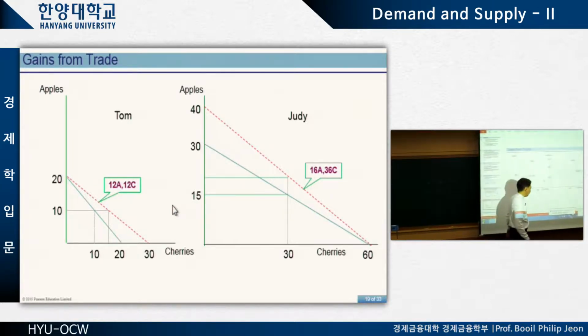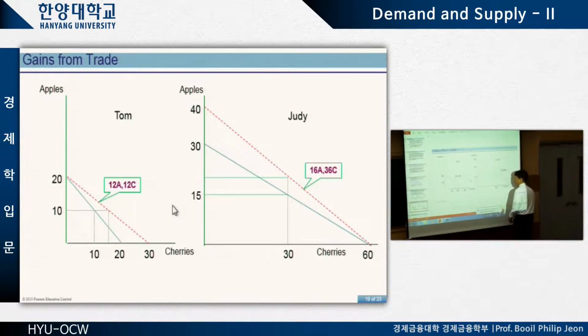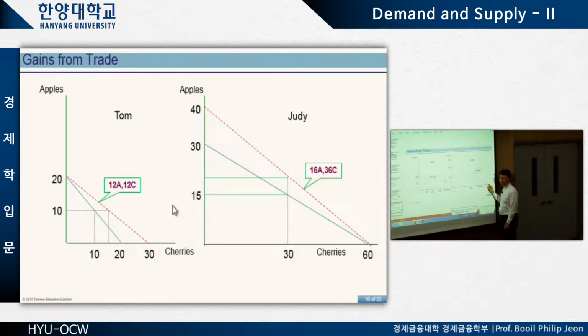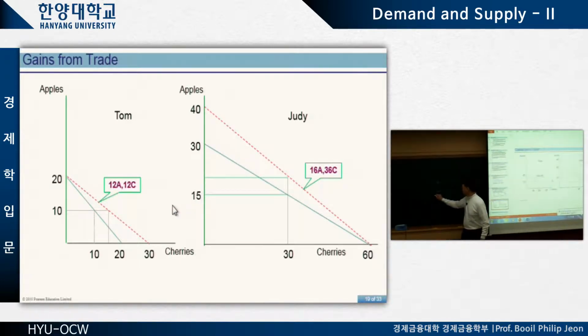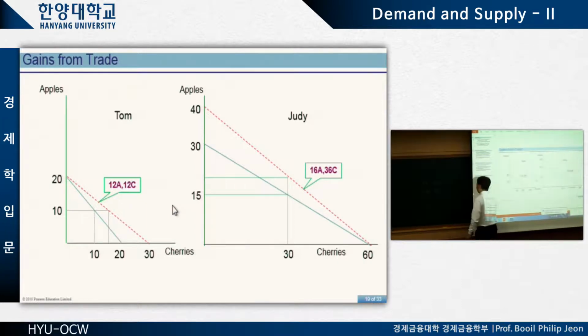So if Judy provided 15 cherries to Tom, that would mean Judy can receive 10 apples. So if this is 15, that's going to be 10.